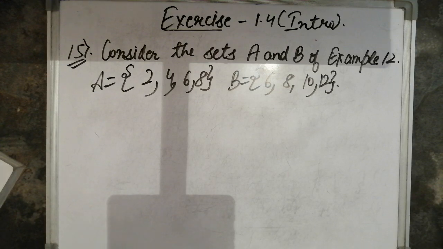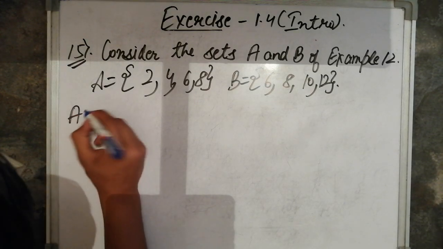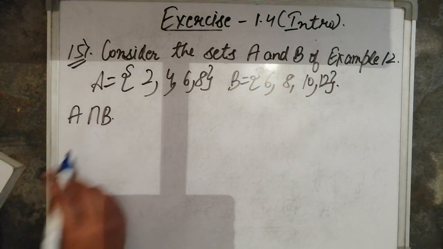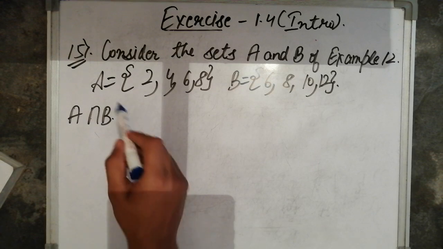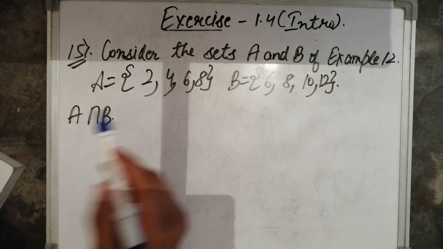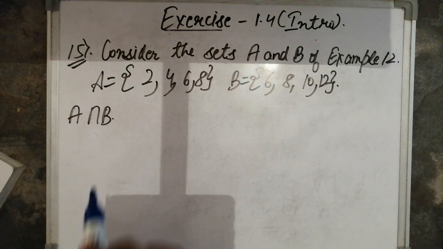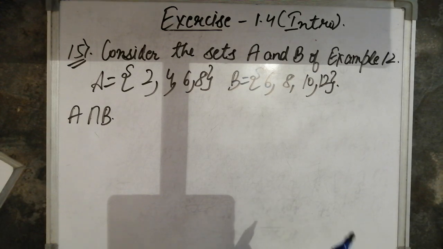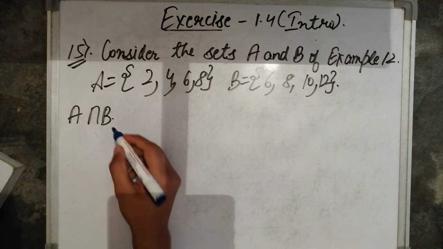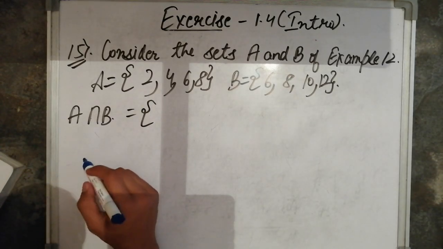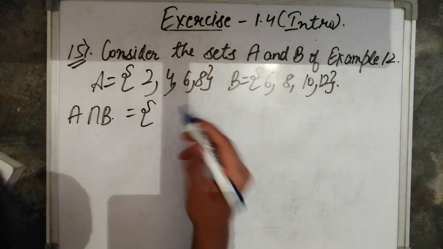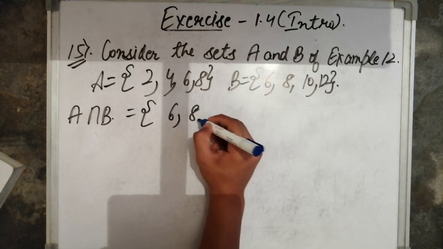Let's find A intersection B. Remember, in example 12 we found the union, that is we took all the elements of the A and B sets simultaneously, and in this A intersection B we need to find the common elements of both sets. So what are the common elements? I think 6 and 8 are the only ones, so writing {6, 8}.